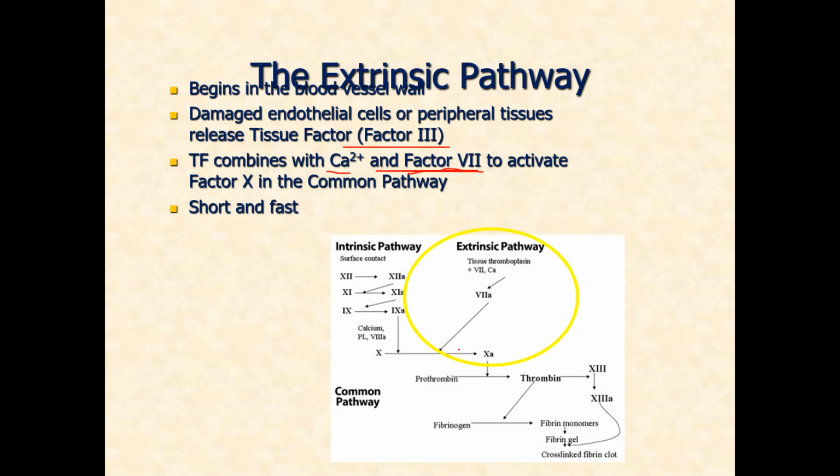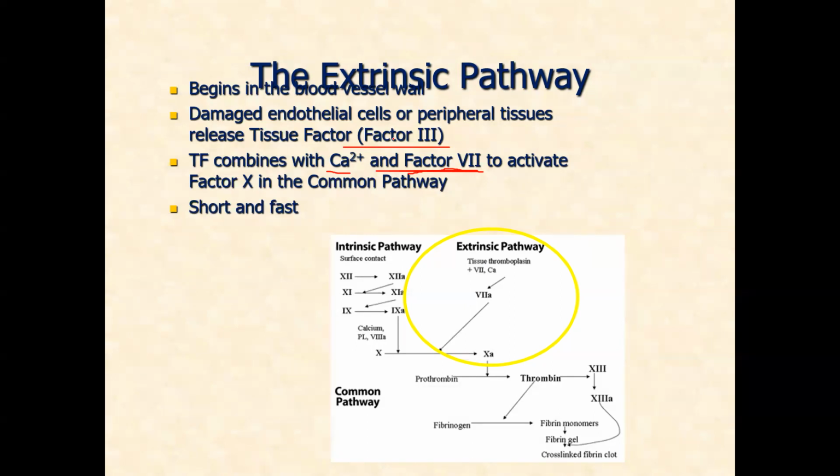All right, let's do it one more time. In the extrinsic pathway, you start out with damaged tissue releasing tissue factor, which is factor 3. So the endothelium from a damaged area secretes the tissue factor into the blood.